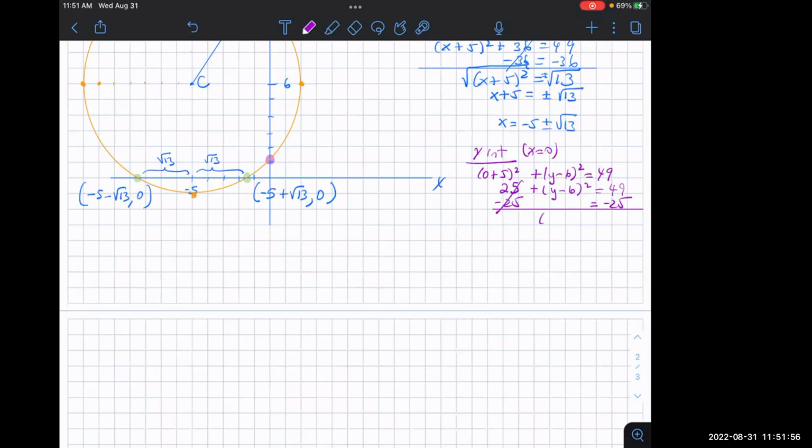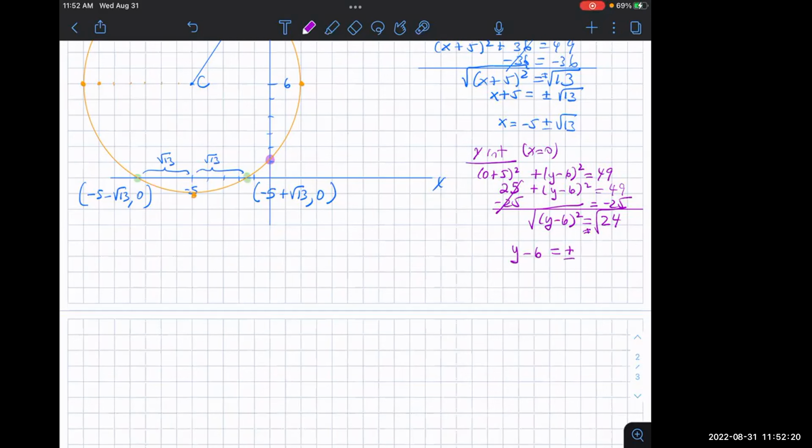So we get (y minus 6) squared equals 24. Okay, so what's the next step? Square root. So I get y minus 6 equals plus or minus root of 24.